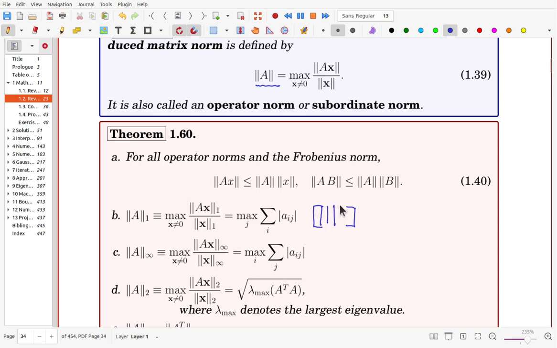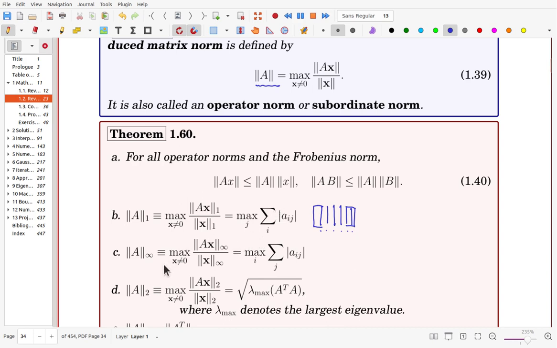The i summation means vertical summation. Then for each column, we have a quantity. Among these values, the maximum one will be the A1 norm. So it's much easier to get the 1 norm by using this one rather than the definition. This one is for computation, mathematically the same.